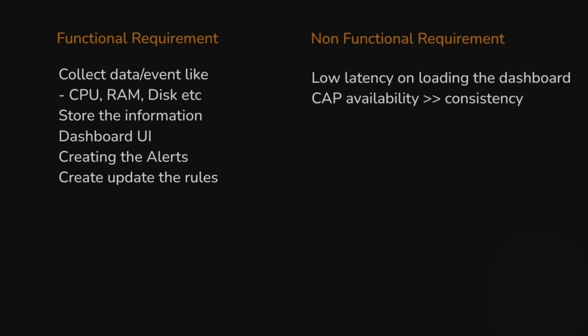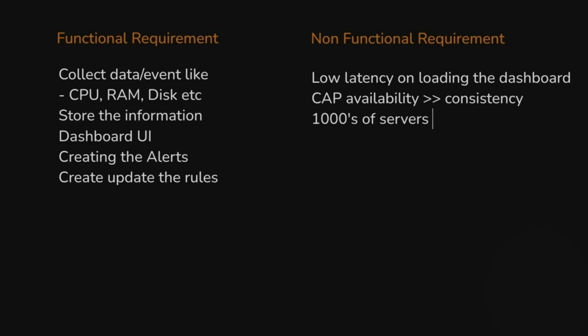Talking about the read and write requests into this system, let's say we have thousands of servers on which we need to collect these metrics. Now the frequency of these metrics collection depends upon us and how we want to propose it to start with.